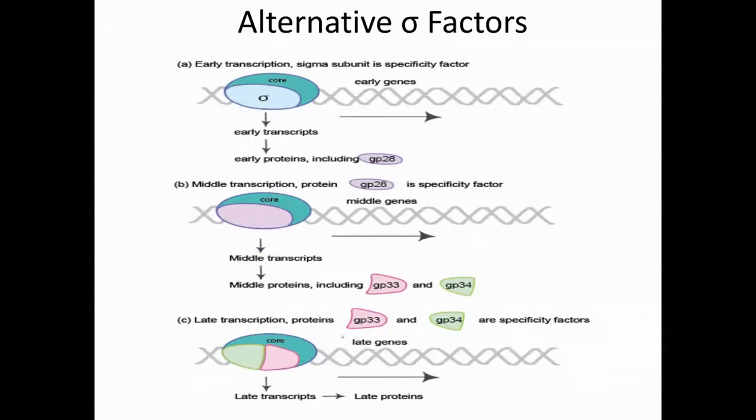So for example, the alternative sigma factor. The regular sigma factor is sigma 70 under normal circumstances. The bacteria E. coli use sigma 70 to direct the RNA polymerase for the transcription. However, when they face environmental insult, environmental stress, then a set of special genes will be expressed.